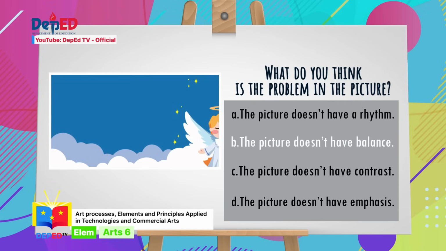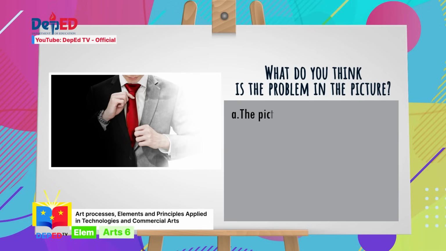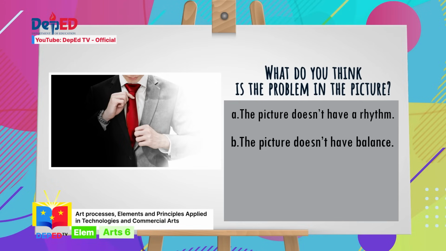Let's go to the second picture. What do you think is the problem in the picture? Is it letter A? The picture doesn't have a rhythm. B. The picture doesn't have balance. C. The picture doesn't have contrast.